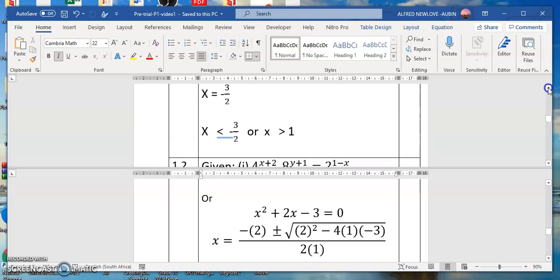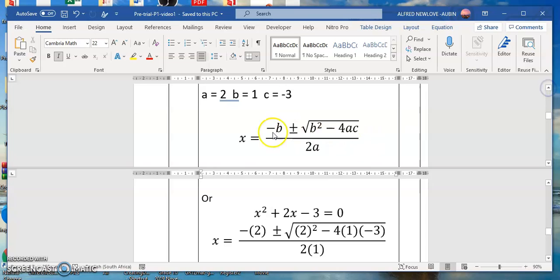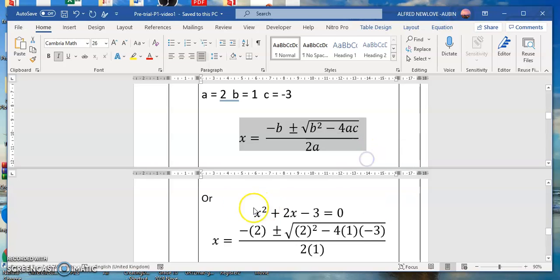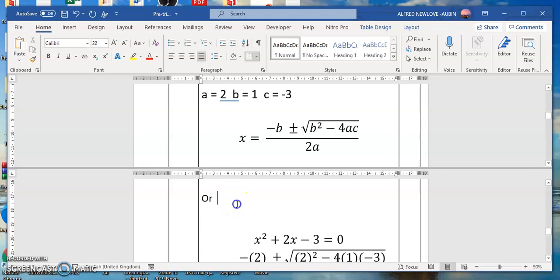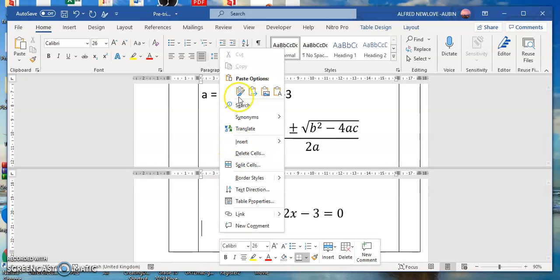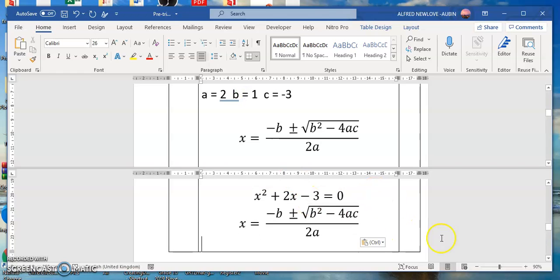This is the formula. This one. So this formula, let me bring it here. This formula, which is this side.